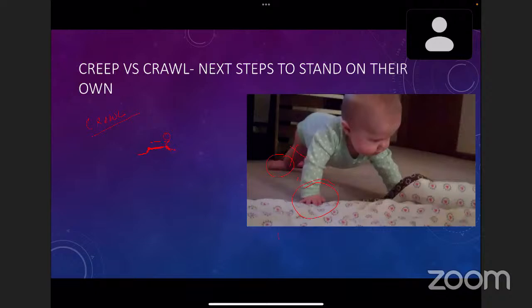This is known as bear creep. This bear creep is acquired at the age of 11 months, where by 12 months the child will stand without support, and stand with support is acquired at the age of 9 months.